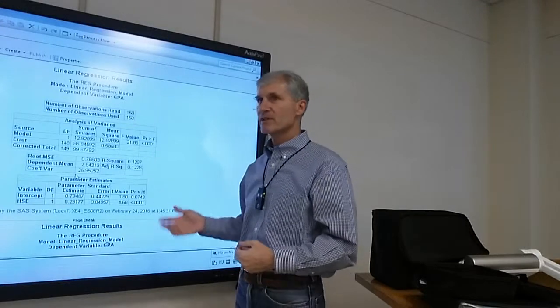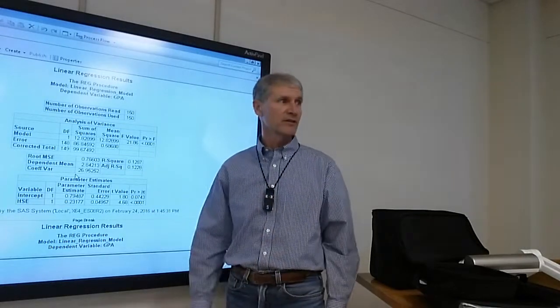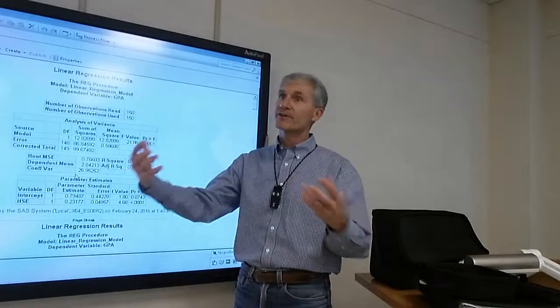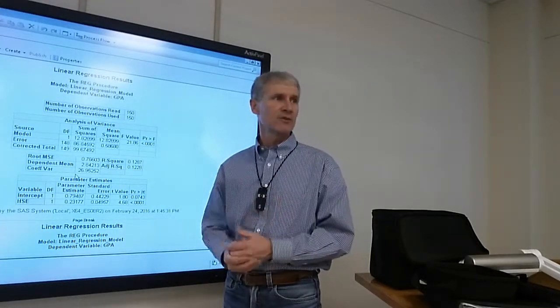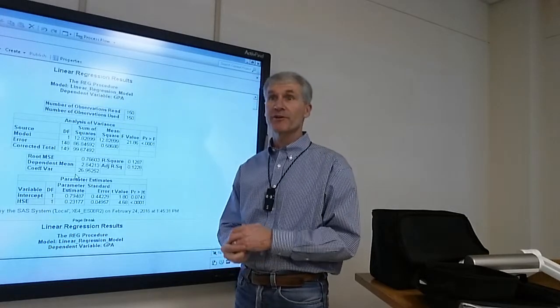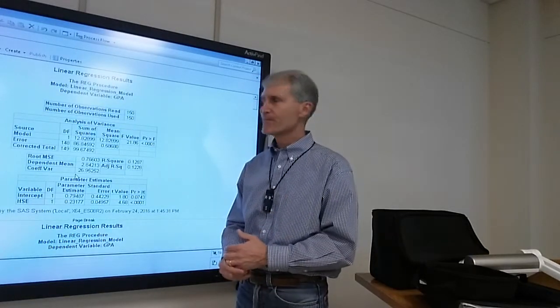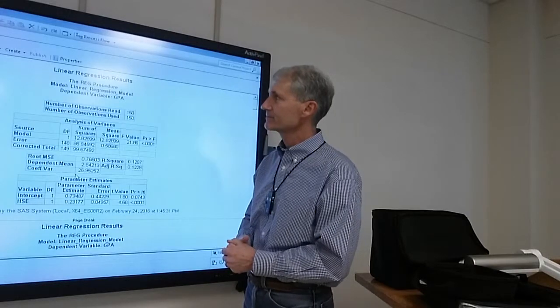So the 0.37 doesn't say English is not a good predictor. It says after you know their math score and their science score, you don't really need the English score. It's not a good predictor now. All right? So, variables added last.